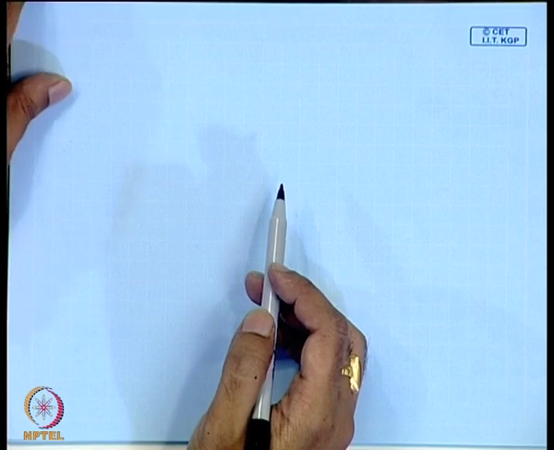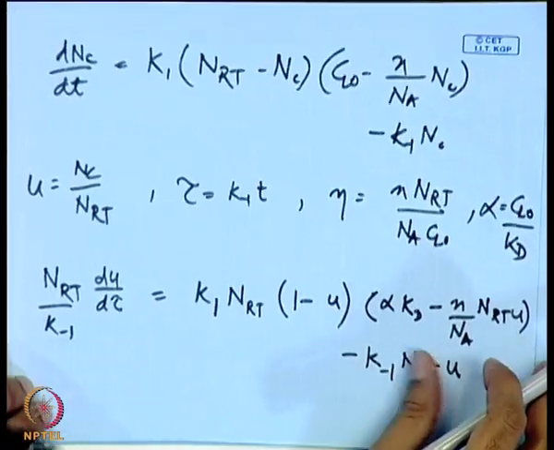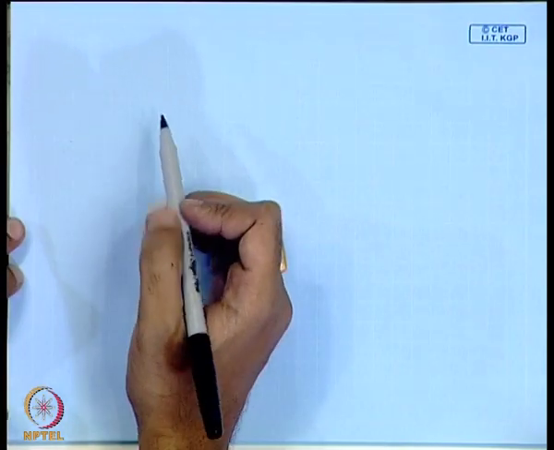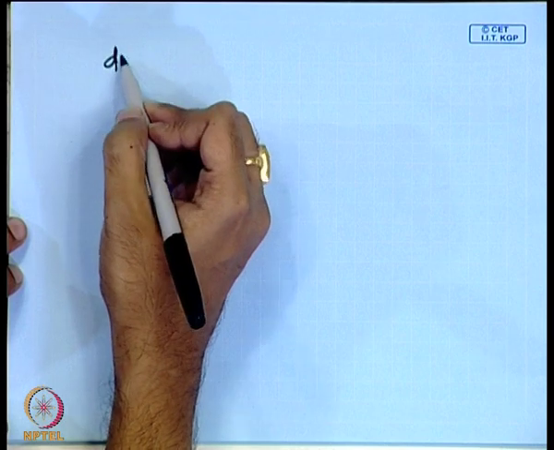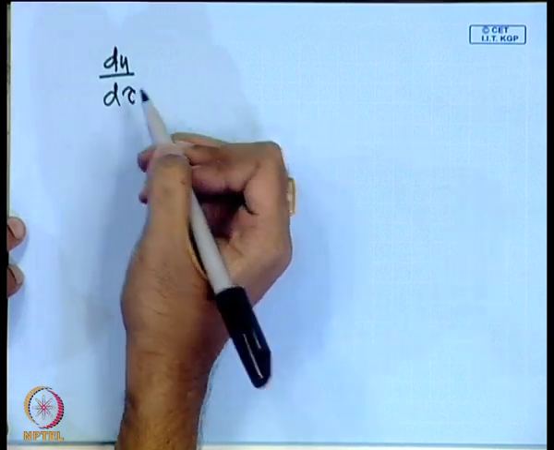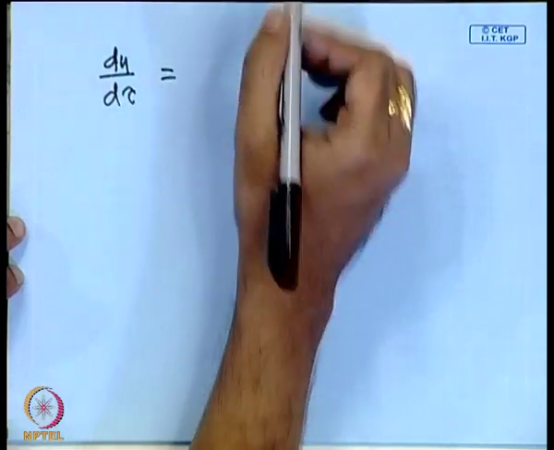Then if I cancel nRT K minus 1 all through the equation, you will get del U del tau equals 1 minus U.